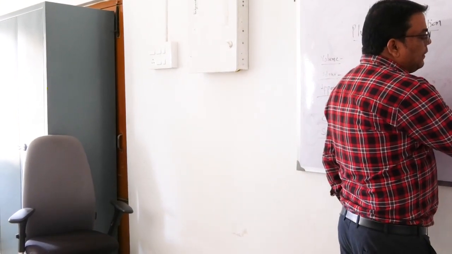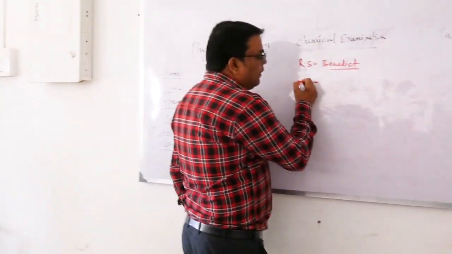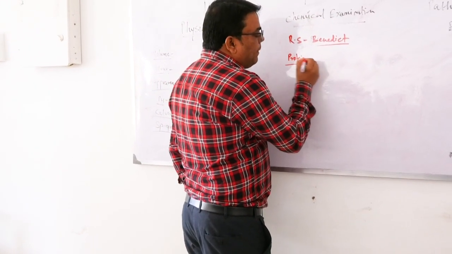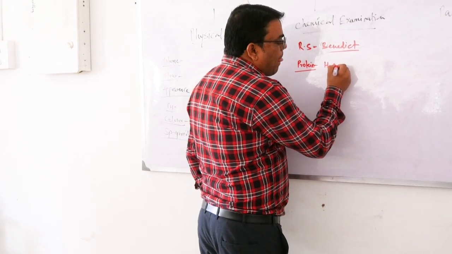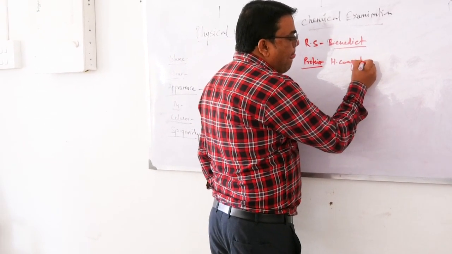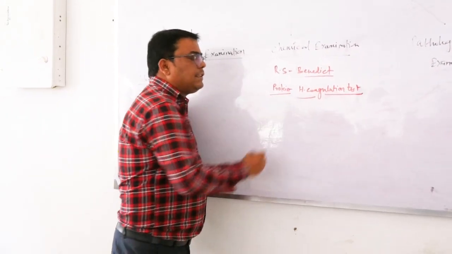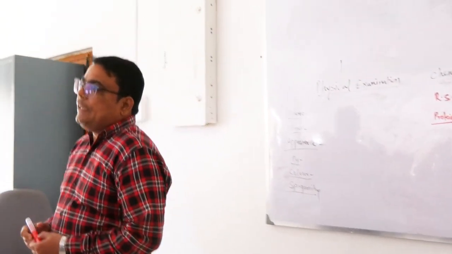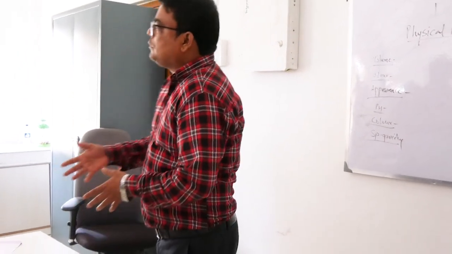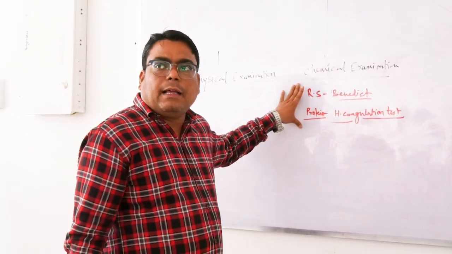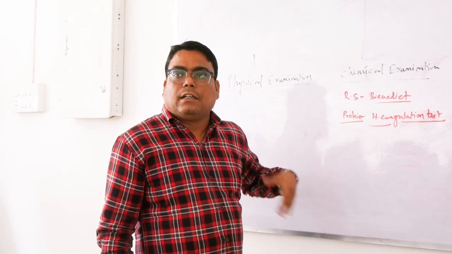After then, protein is tested by the heat coagulation test. With the heat coagulation test we generally confirm the presence of albumin protein in the urine, which appears in the case of albuminuria. Understand? Today you perform both these tests in the lab, and we will discuss it in the next class.